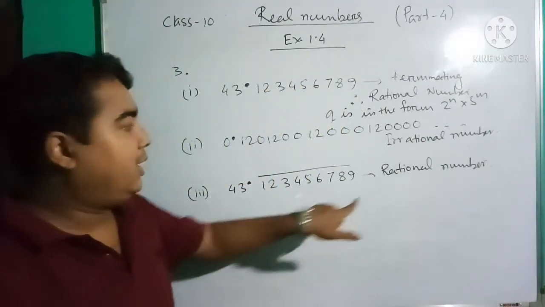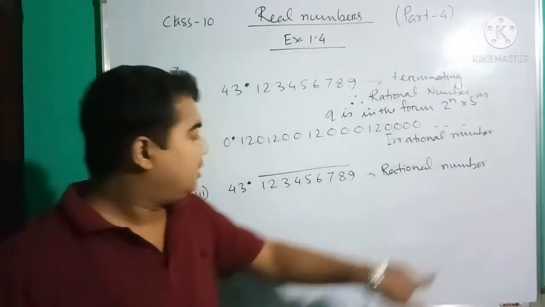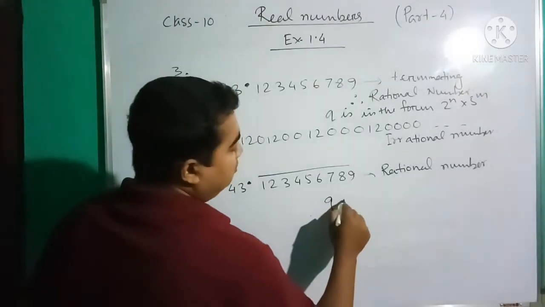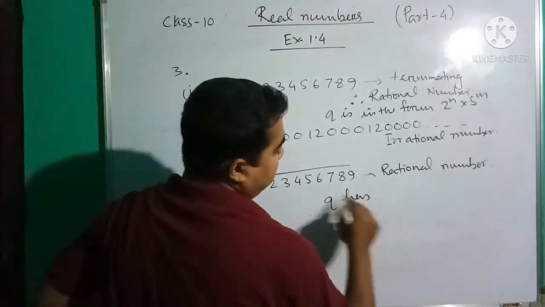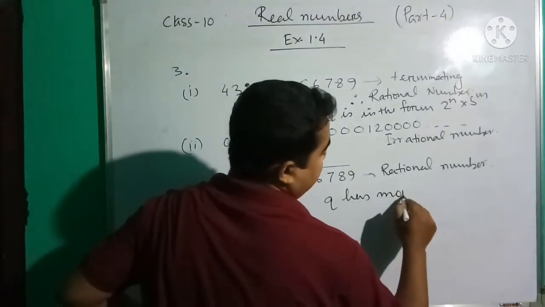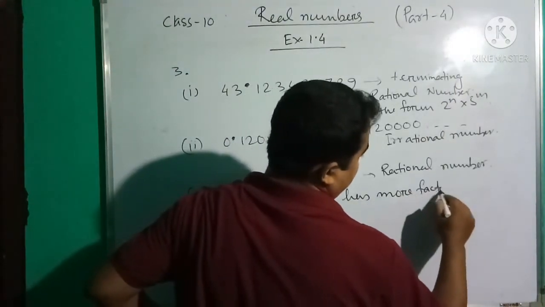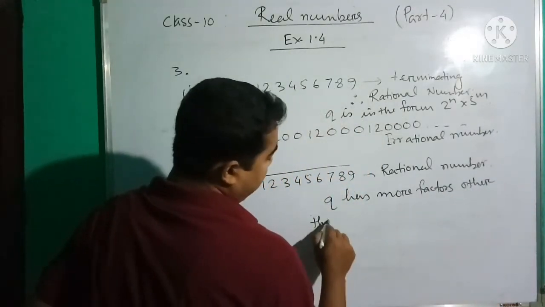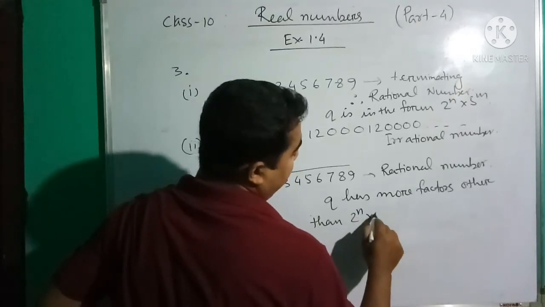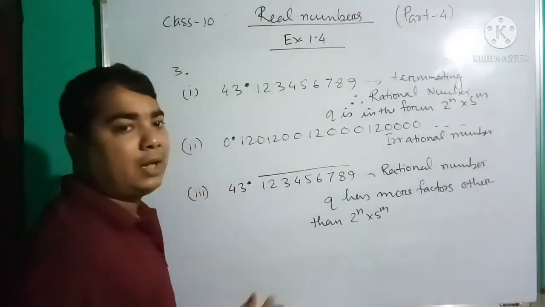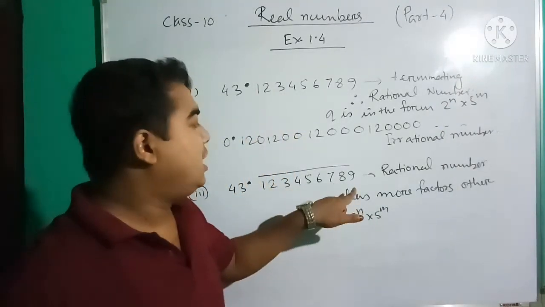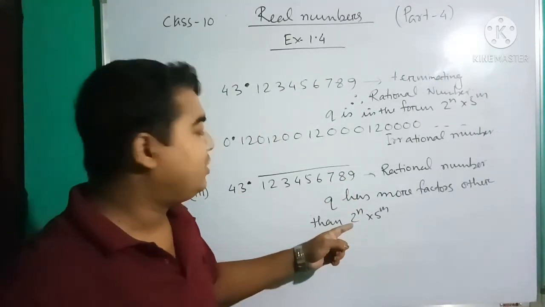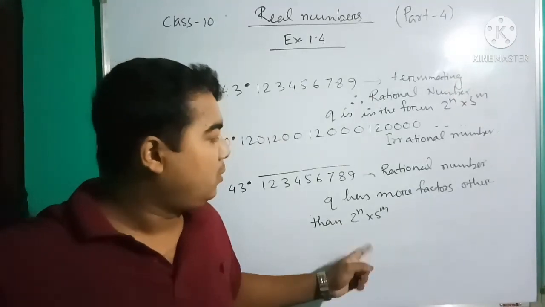Now Roman number 3 is again a rational number. Then write about q: q has more factors other than 2 to the power n into 5 to the power m. Why? Because its decimal expansion is non-terminating but repeating.